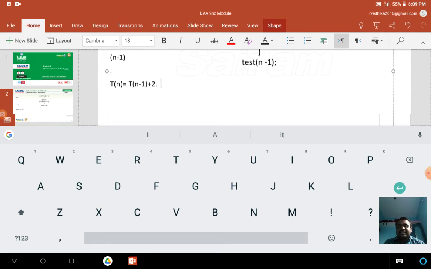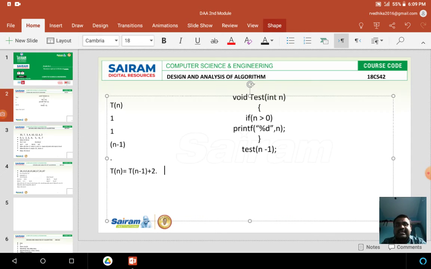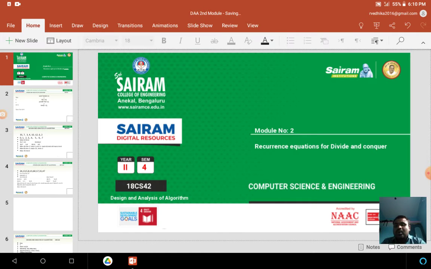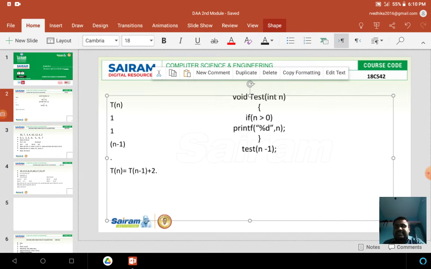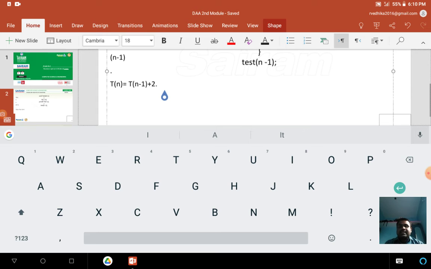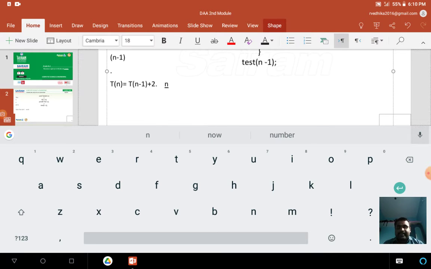This statement comes into picture only when n is greater than 0, so I'll write n is greater than 0. When n is equal to 0, it would be 0.